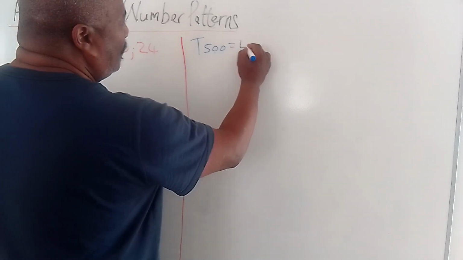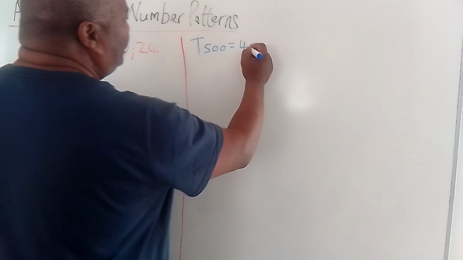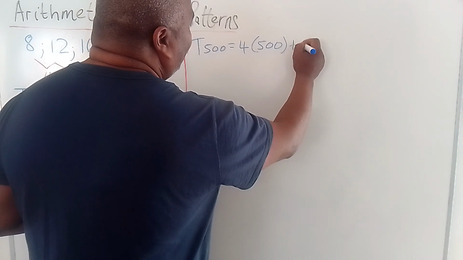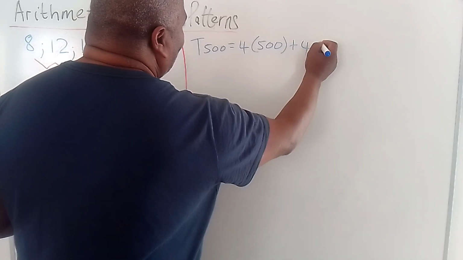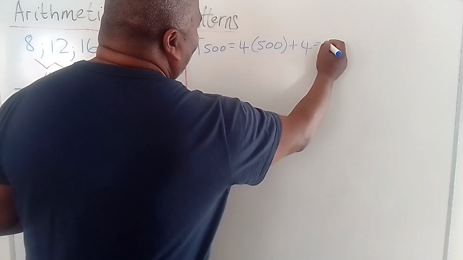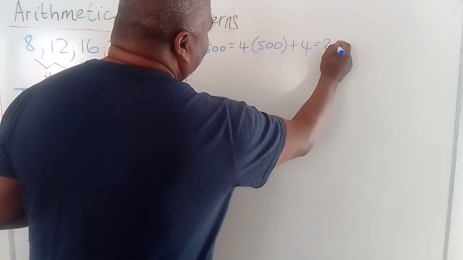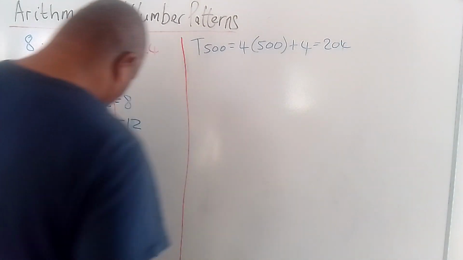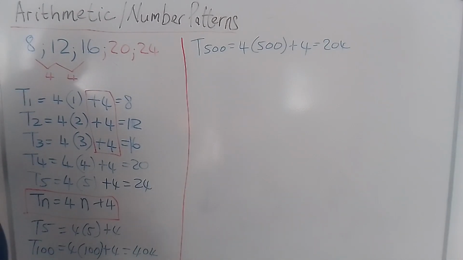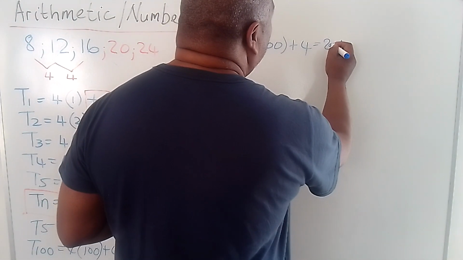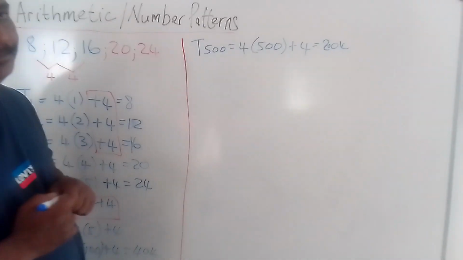Still the 4, remember the general term, times 500 plus 4. And that gives me 2,004.